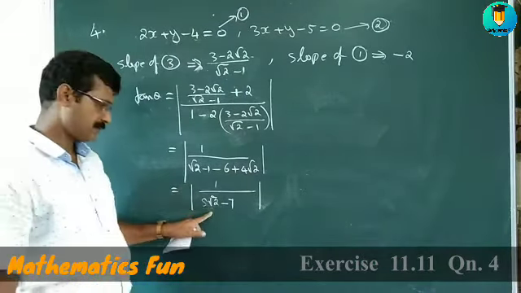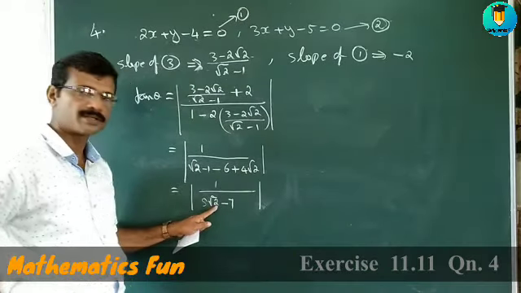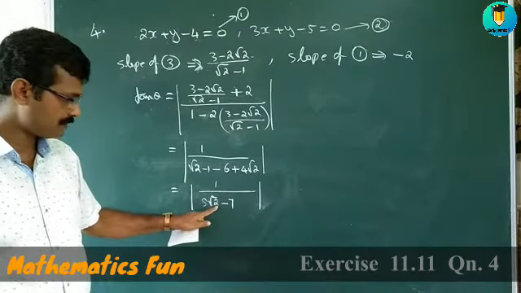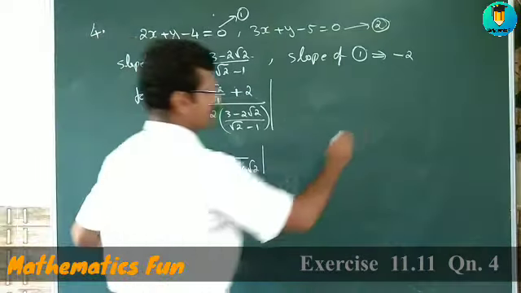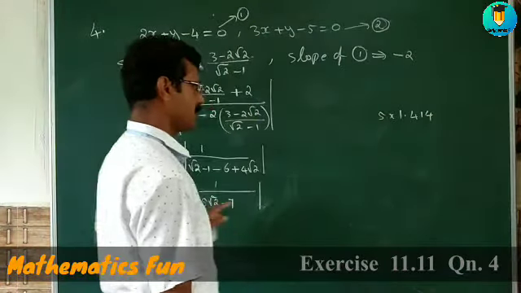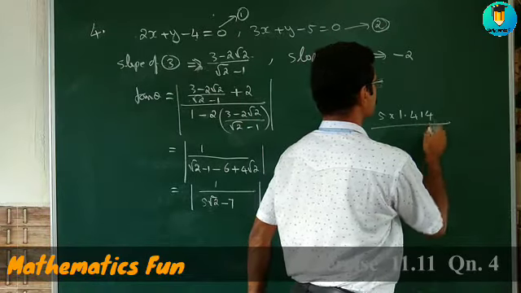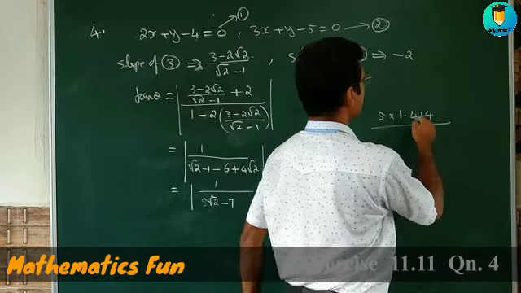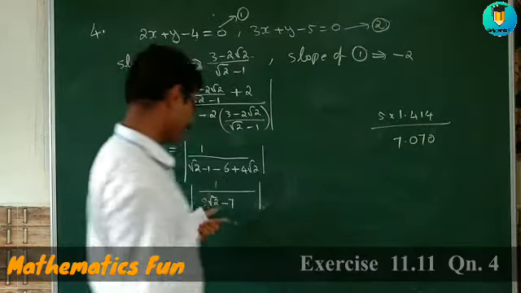Now for approximation, root 2 is 1.414, so 5 into 1.414. If I multiply it, it is coming 7.07.